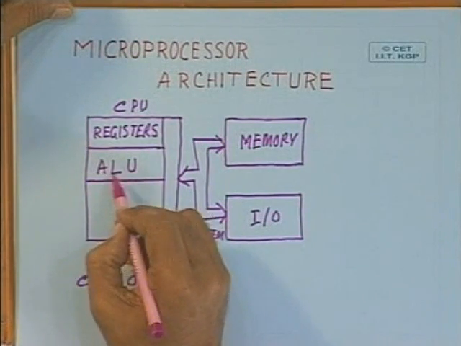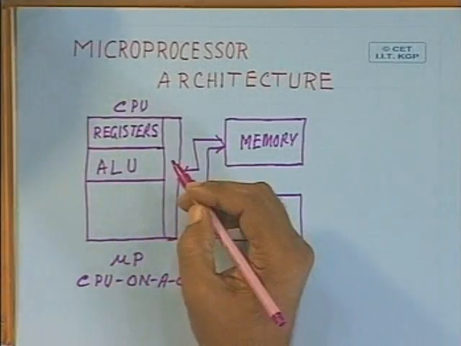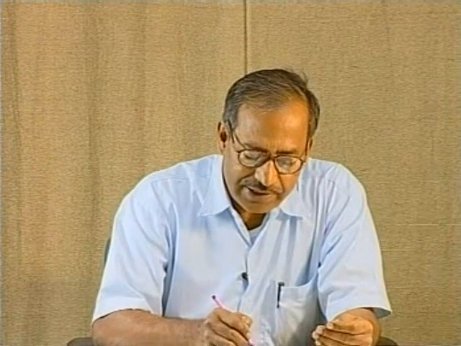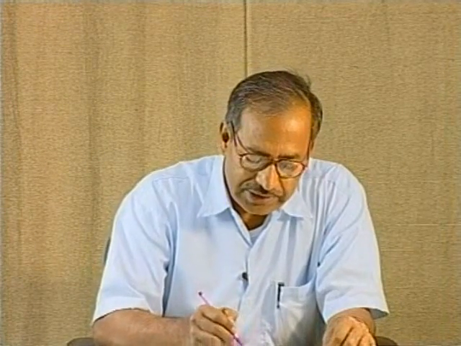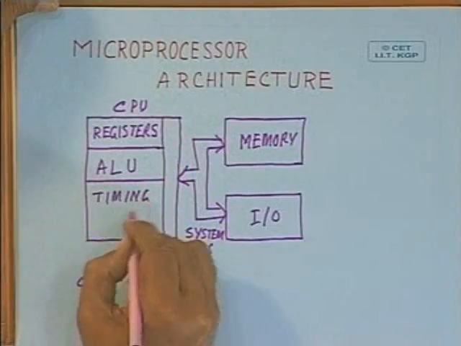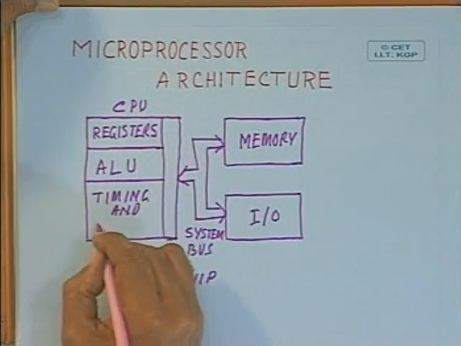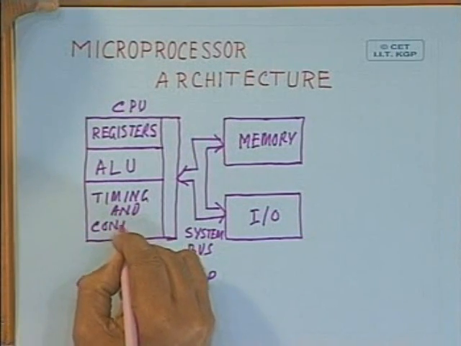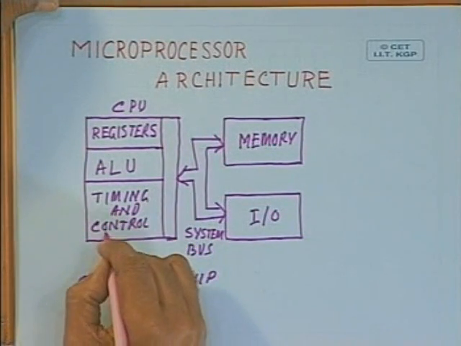The ALU name has come because it can perform various arithmetic operations and logical operations, and with the help of that, data processing will be performed. Then you have got the timing and control unit.